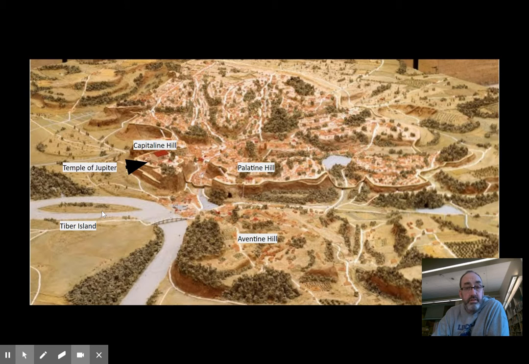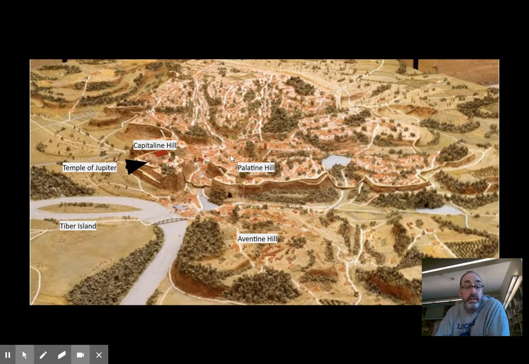Okay, but this is Rome right about 700 BCE. It's probably about a mile or so from this wall to that wall. It might be 2 or 3 miles from here all the way up to there where the other wall is. But the wall does come down and around and forms this city.